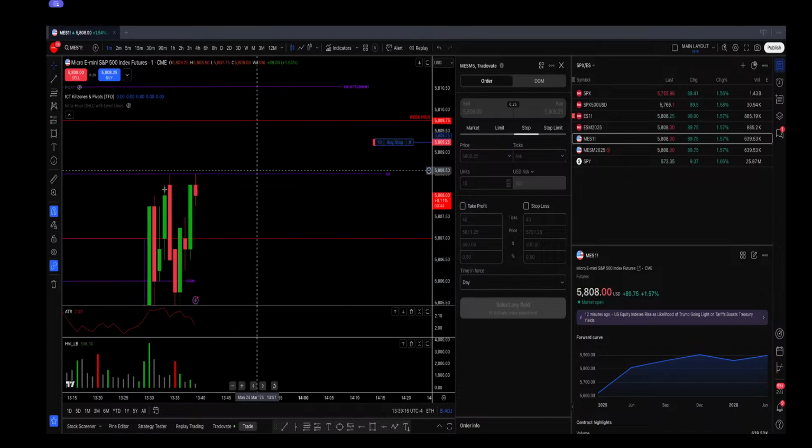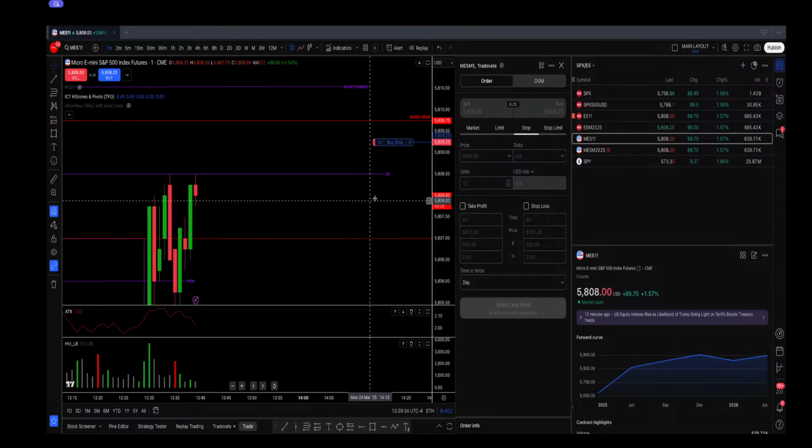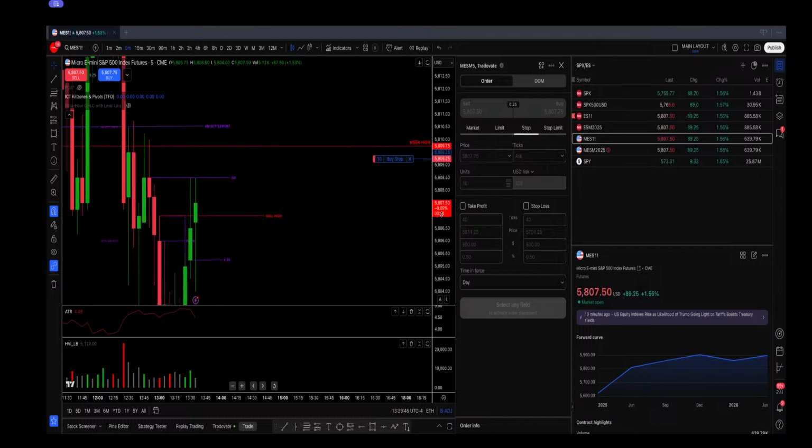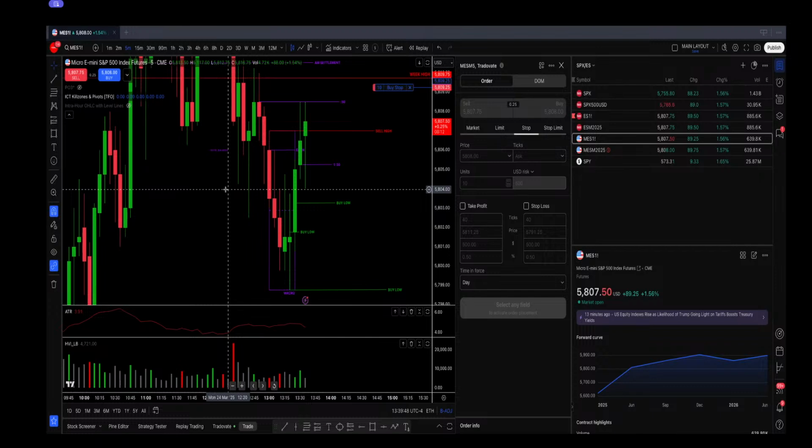And they've printed another buyer's candle, so this is great. We should be getting stopped out. In theory, we should be getting stopped out in the next candle. It will be concerning if we didn't get stopped out in the next candle.